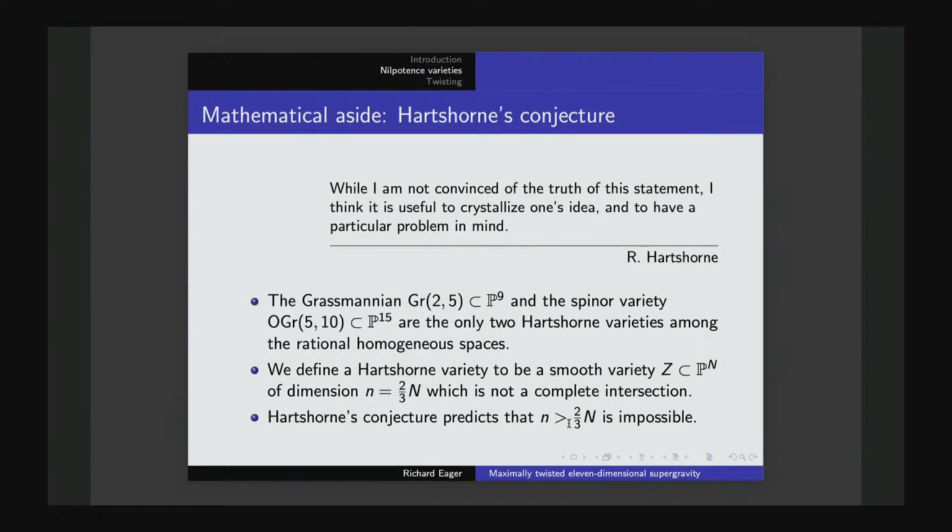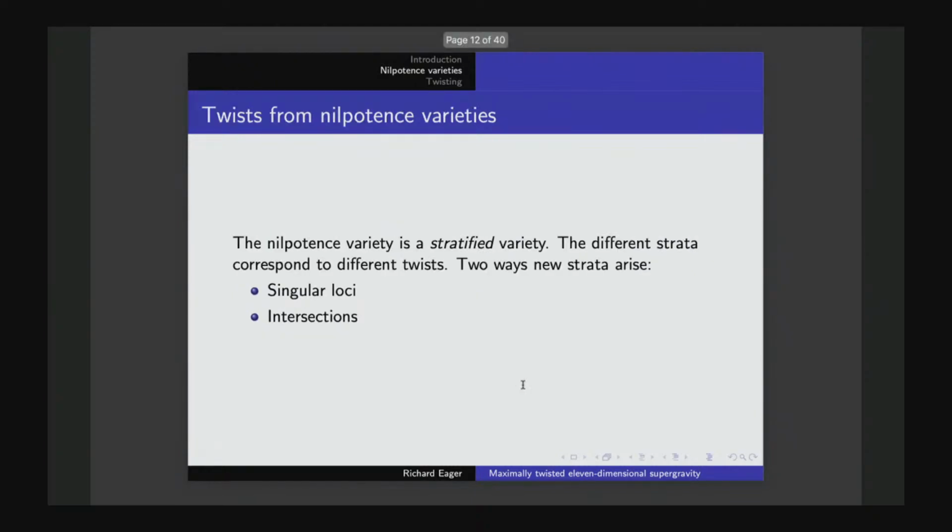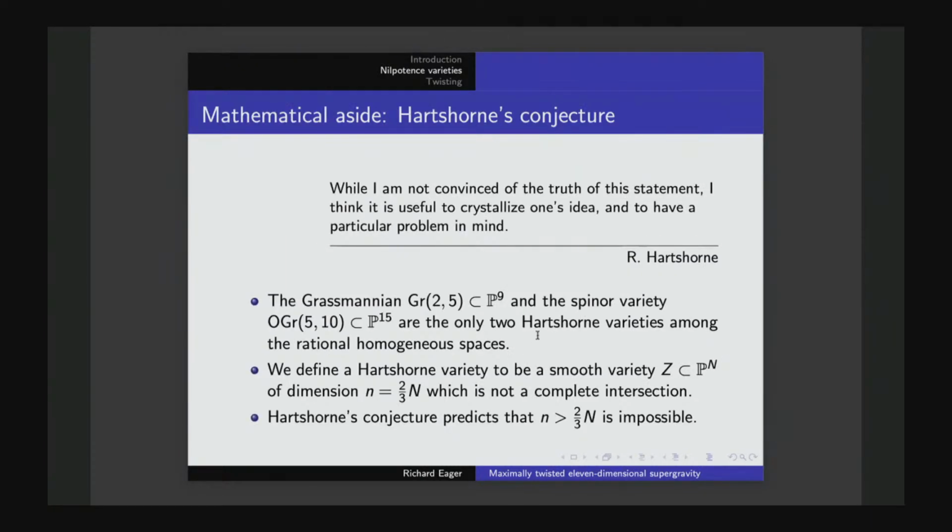For example, you couldn't have anything of codimension 7. I should say this little n is related to codimension. So the Grassmannian 2-5 is dimension 6, I think. Sorry, yes, Grassmannian 2-5 is dimension 6, 2/3 of 9. So this is the extremality. OGR is more complicated because the dimension is, but it's thin.